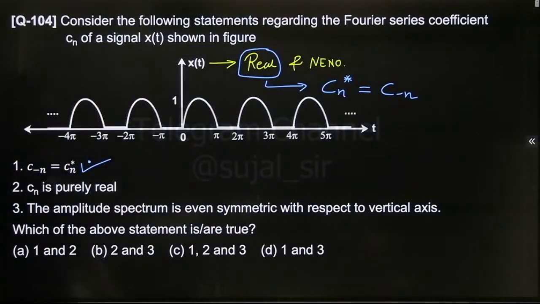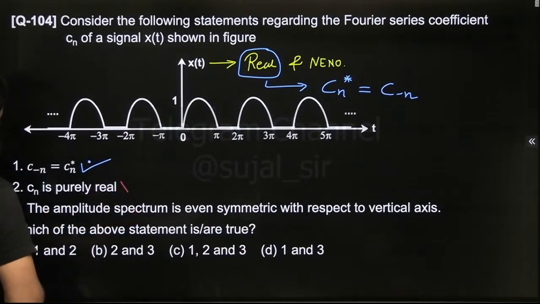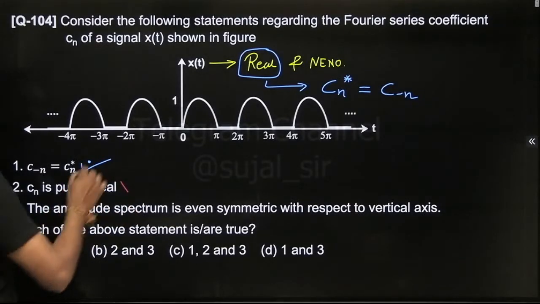So I think the second statement is wrong, Cn is not purely real, or we have to find it.